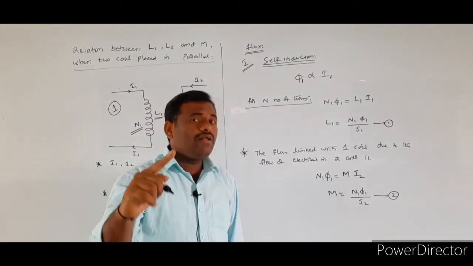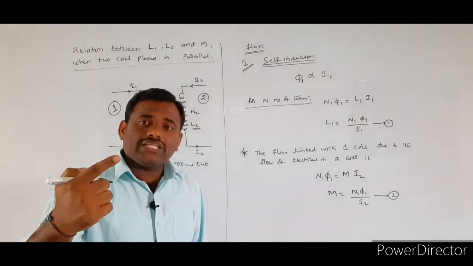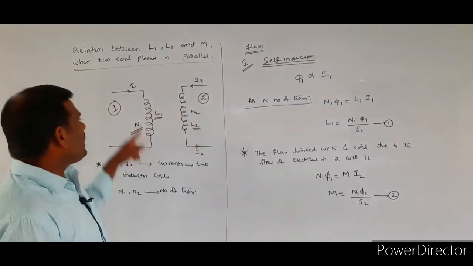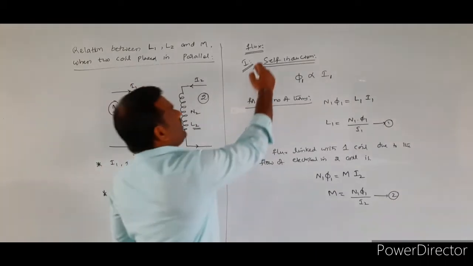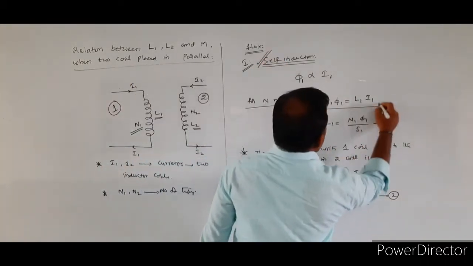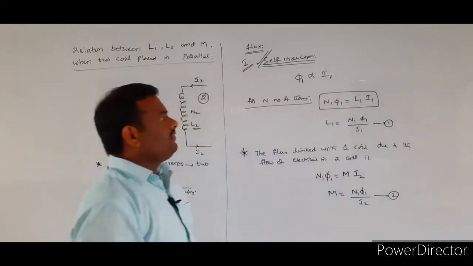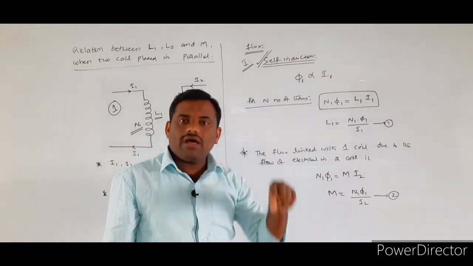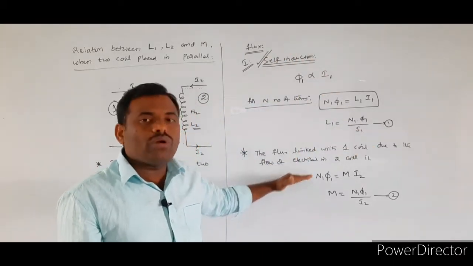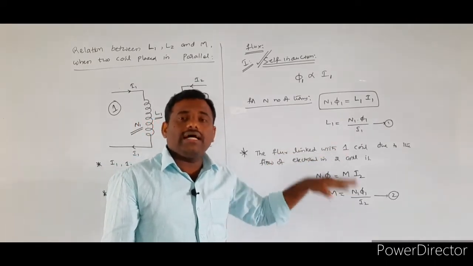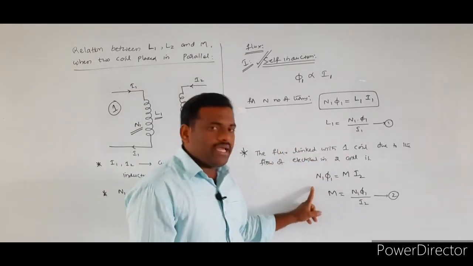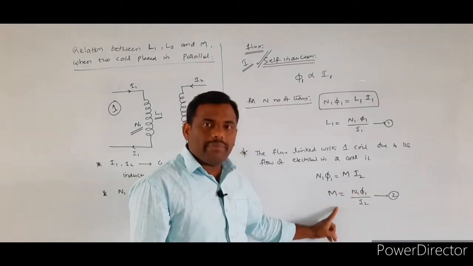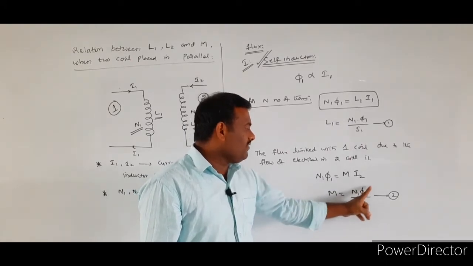Once again, the actual flux linked with the first coil developed by the current I1 by self-induction is N1 phi1 equals L1 I1. Due to mutual induction, some additional flux is also linked with the first coil, given by N1 phi12 equals M into I2. From this I wrote the formula, capital M is equal to N1 phi12 by I2.